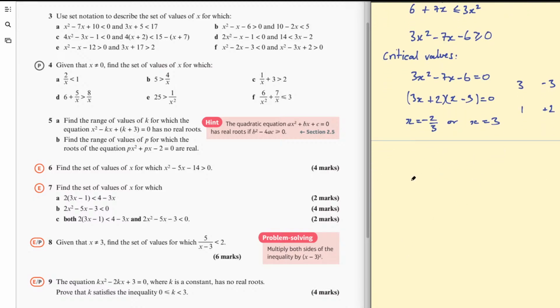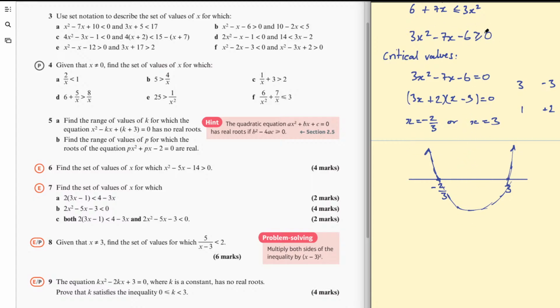Draw a little sketch. Negative 2 on 3 and 3 are my critical values, and this is a positive quadratic again, so it's open to the sky, up this way.